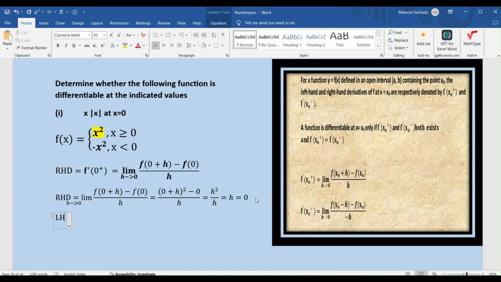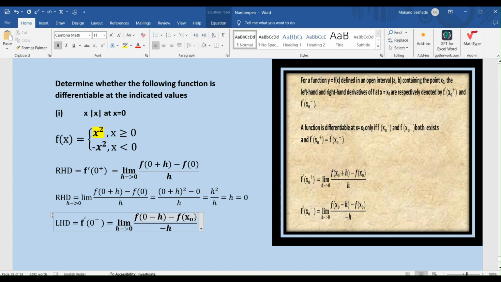Let's move to our LHD. And what is our LHD? Our LHD is f dash of x naught minus equal to limit h tending to 0 f of x naught minus h minus f of x naught divided by minus h, right? So in this case, my x naught is 0, and I'm going to examine the differentiability at 0, right?